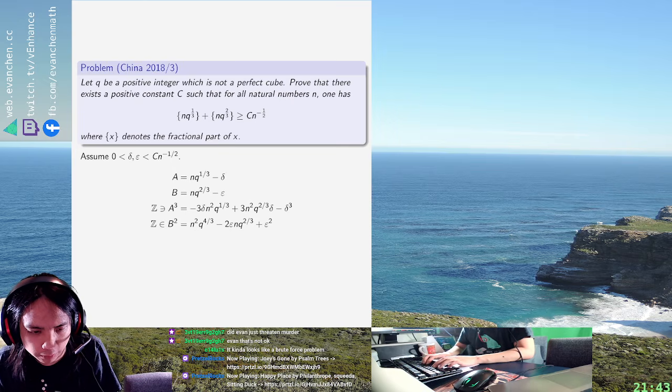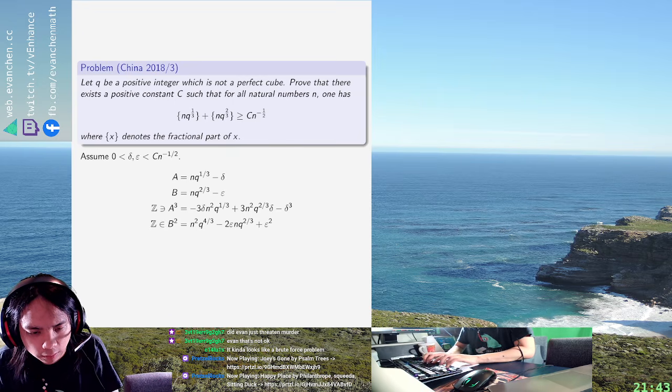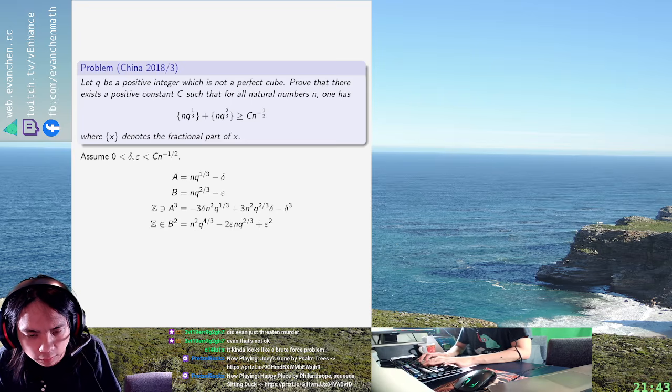I don't think there's another way this problem can end. So okay, here we replace every delta with epsilon, and then replace every 2/3 with 4/3.